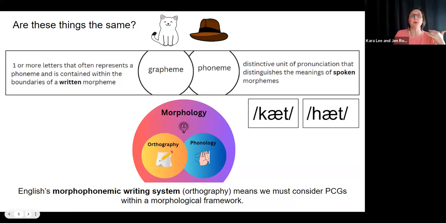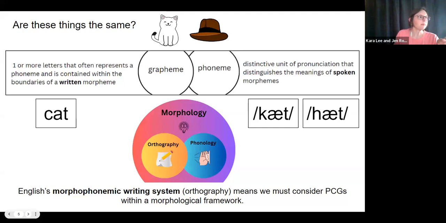This is a little bit of a deeper understanding for you, that phonemes actually function to help us distinguish meanings. Cat and hat are different only by one phoneme. And so you see how that phoneme is a minimal distinctive unit of meaning in terms of how the word sounds. Okay, I think that's pretty clear.